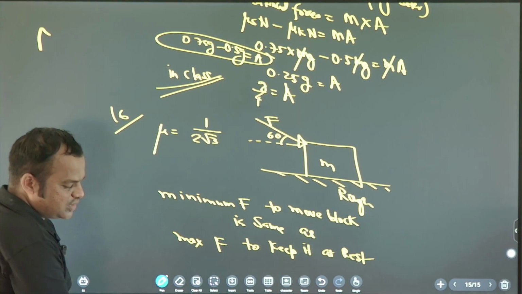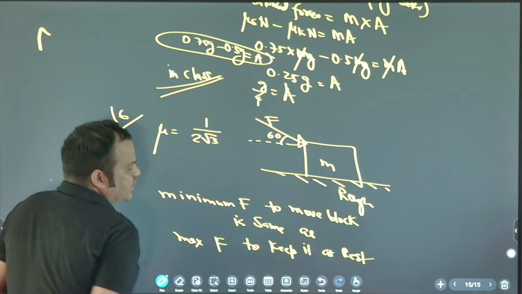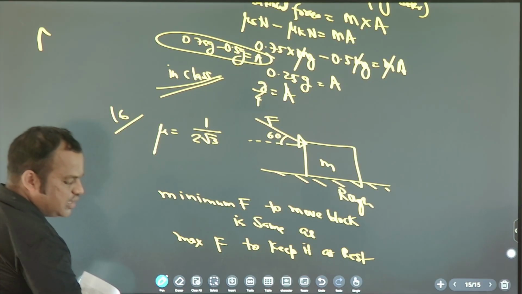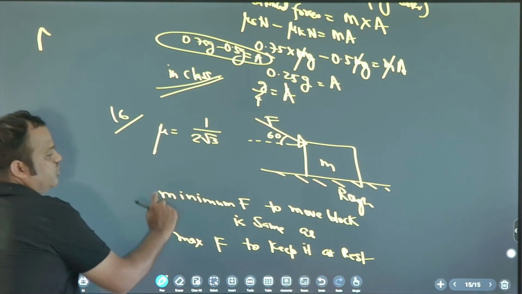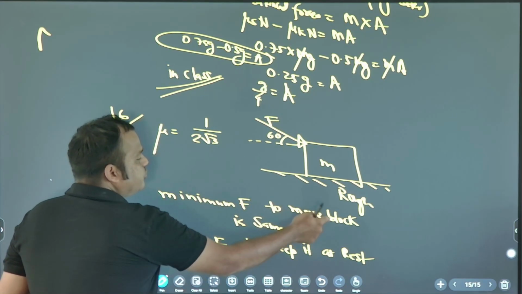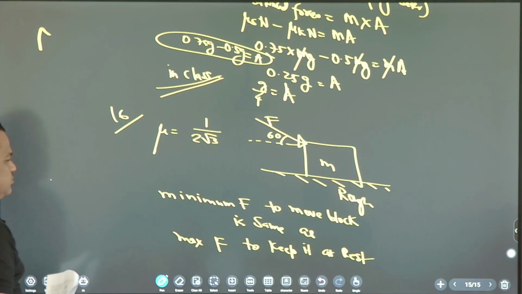Slightly more than 3 Newton, it is moving. So the maximum force I can exert to keep it at rest is 3. They both are the same. Minimum to move is the same as maximum to keep at rest. Both have the same meaning.